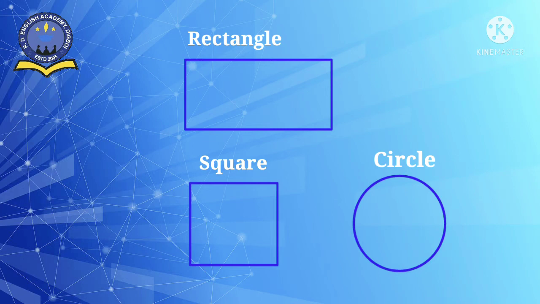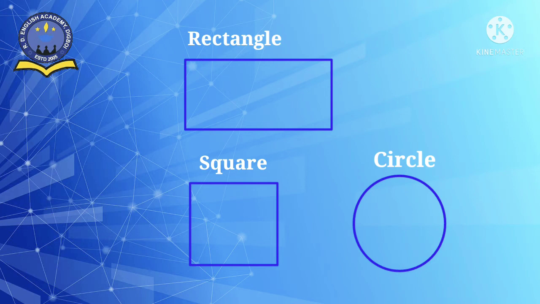In a two-dimensional diagram, if we consider the rectangle, we get only length and breadth, or in case of a square, all sides are equal.